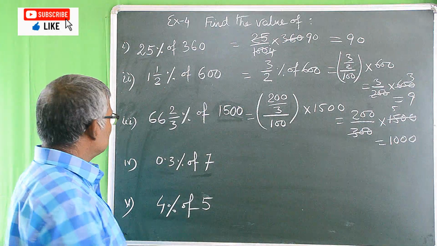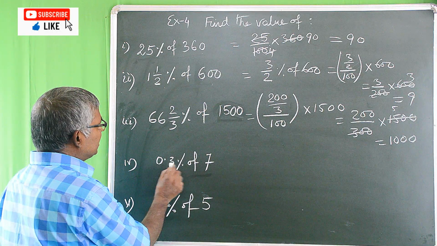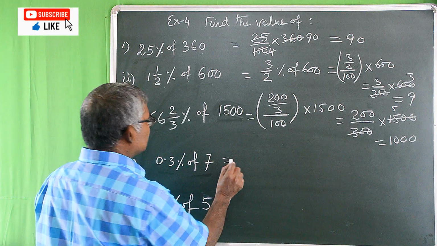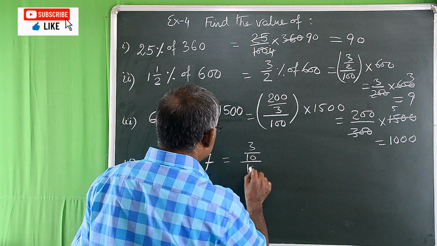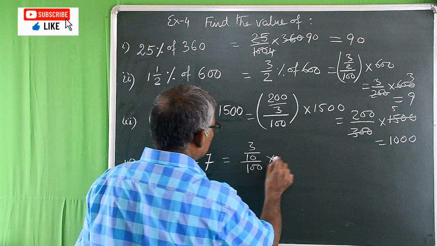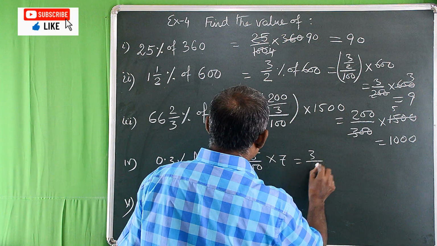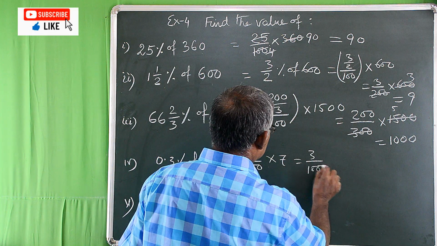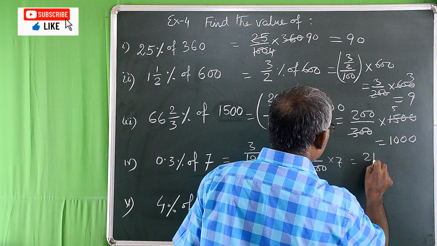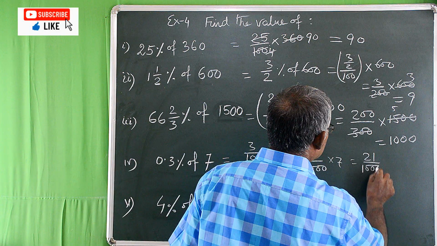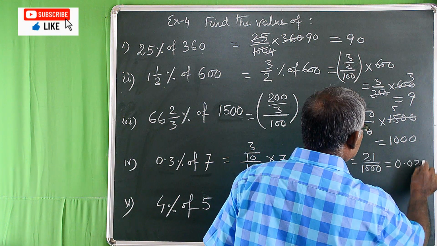Students, let us consider the fourth problem. 0.3% of 7. This can be written as 3 by 10 by 100 into 7, that is 3 by 1000 into 7, that is 21 by 1000, equal to 0.021.